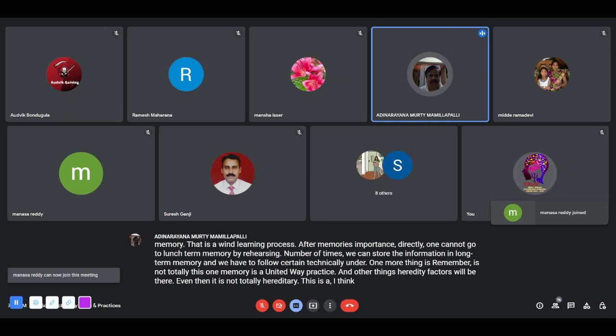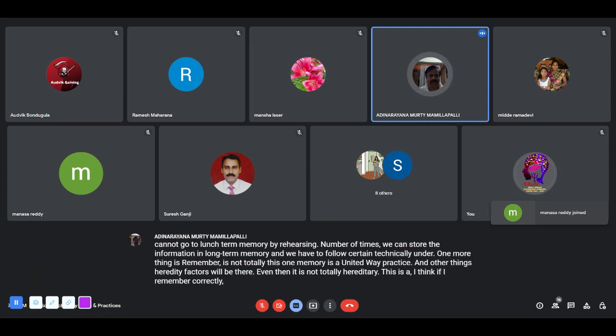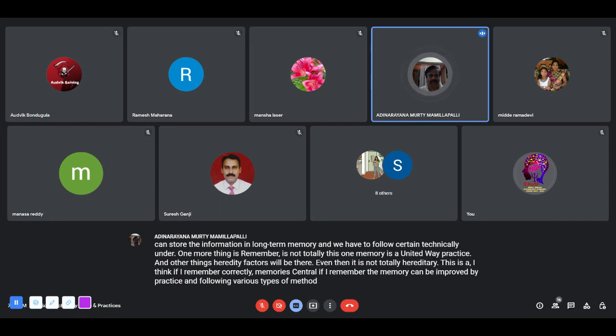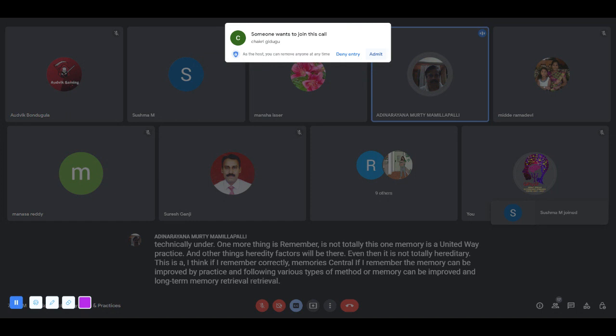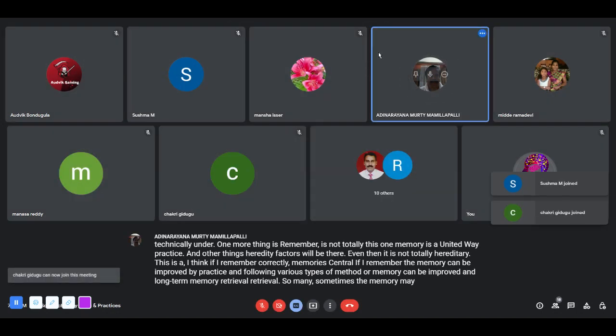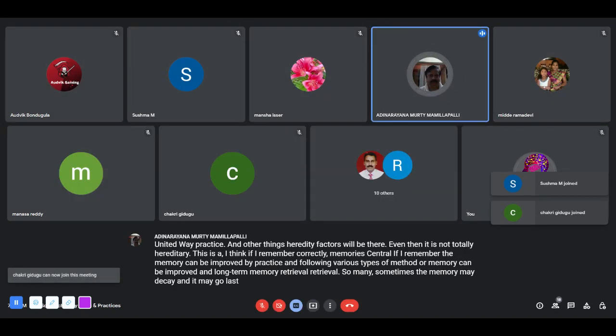I think, if I remember correctly, memory can be improved by practice and by following various types of methods. Our memory can be improved, and long-term memory, retrieval. Sometimes the memory may decay and it may be lost. And last but not least, the recency effect and primacy effect are also there.